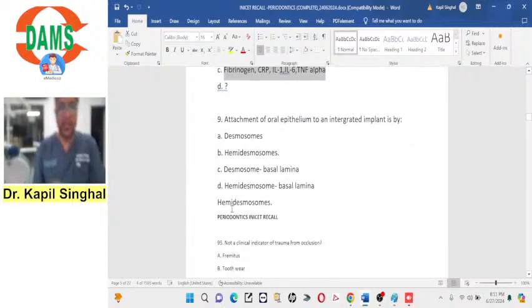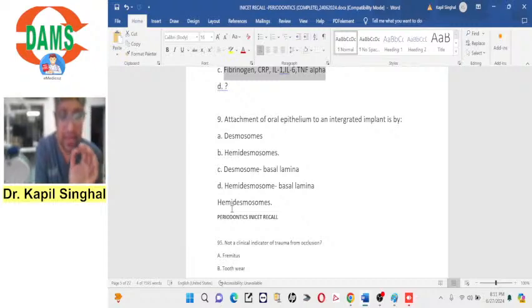Okay, the next question is, attachment of oral epithelium to an implant is by. Please remember, the oral epithelium attaches to the implant by hemidesmosome and basal lamina. So the answer here would be D, hemidesmosome and basal lamina.